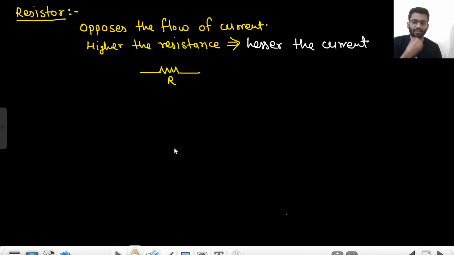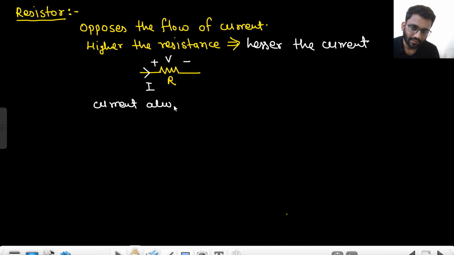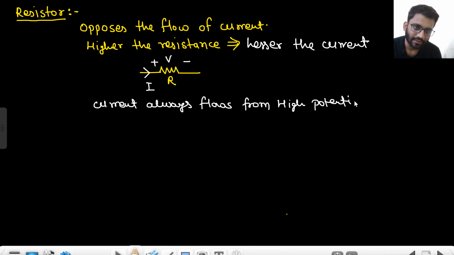Let's just see this. Let's assume current I is flowing here, and potential V is developed. The current will always flow from high potential to low potential in a resistor.